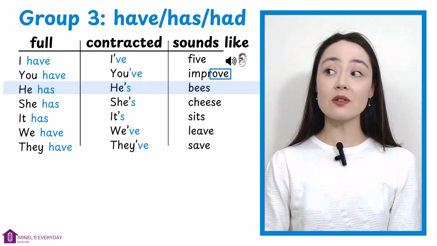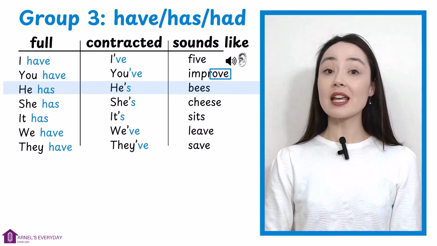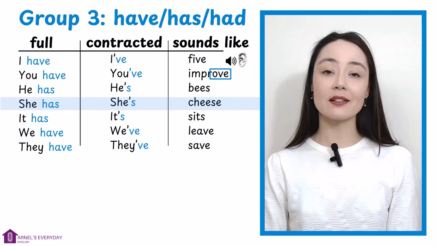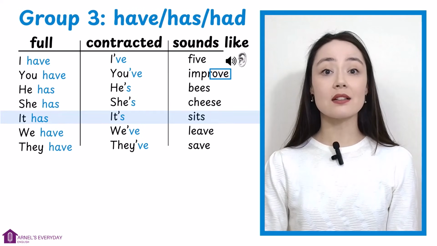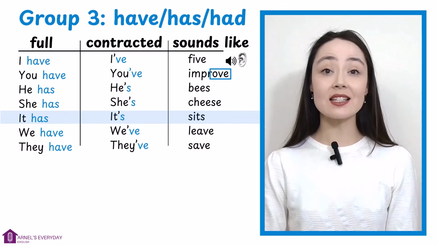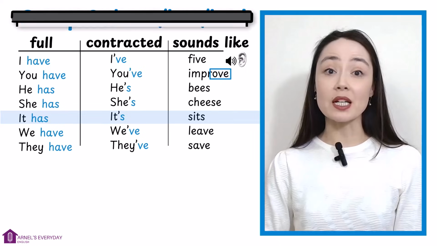He has, he's. Sounds like bees. She has, she's. Sounds like cheese. It has, it's. Just like sits.